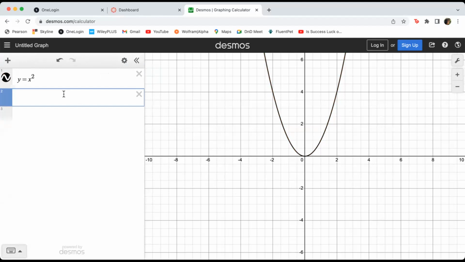Now we're going to start applying shifts, horizontal and vertical shifts. Let's start with addition, because addition is our most basic thing. So let's add horizontal and vertical shifts.